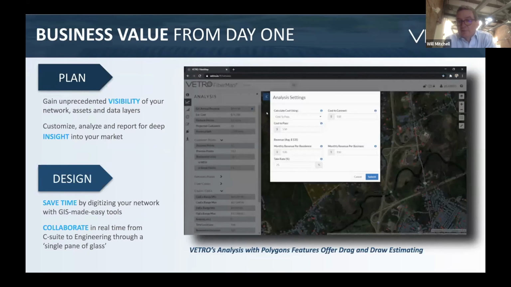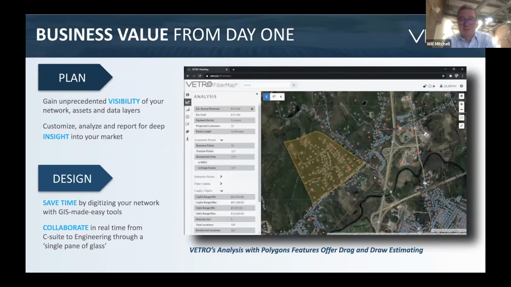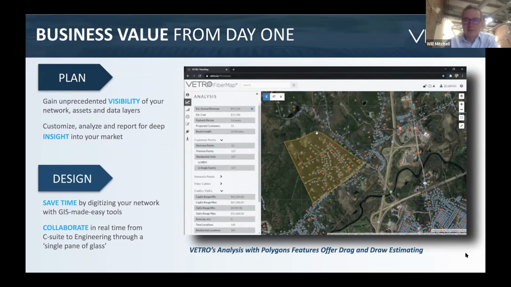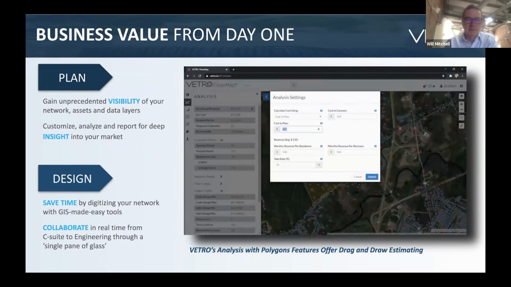Again, you can leverage partner tools to do design automation and then bring that in, or you can do original authoring of designs right in the Vetro platform with tools that are akin to a Google Earth level of simplicity. Because we're in the cloud, you can collaborate with partners, stakeholders, influencers, team members, and departments.